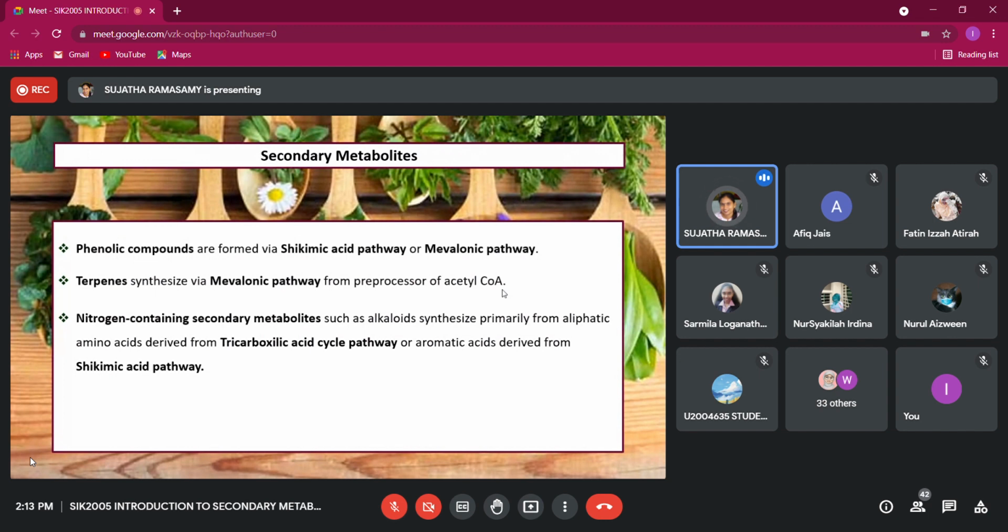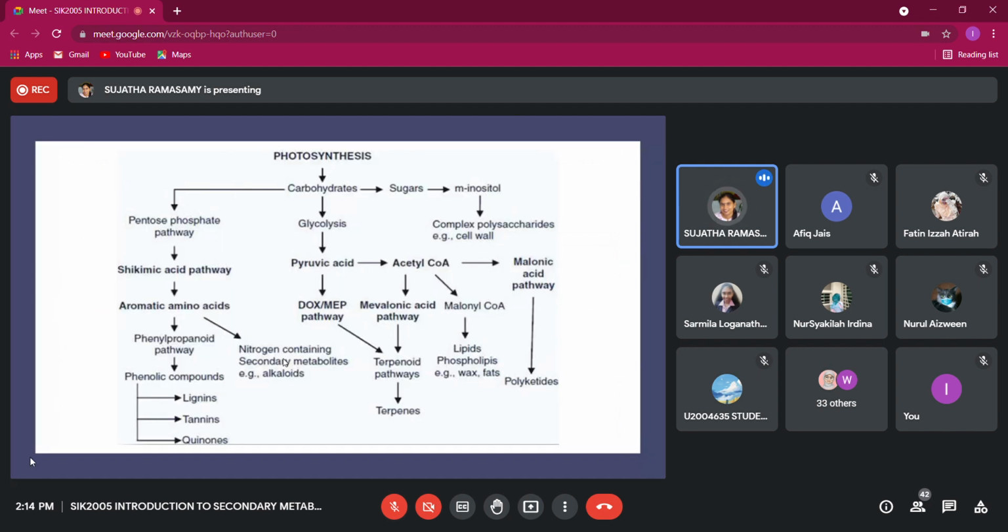In this lecture, we are going to focus on alkaloids. The pathway used is shikimic acid pathway and derived from TCA cycle. Okay, this we can look here by looking at the diagram. You have some idea. I know the diagram is quite complex. Let me simplify.